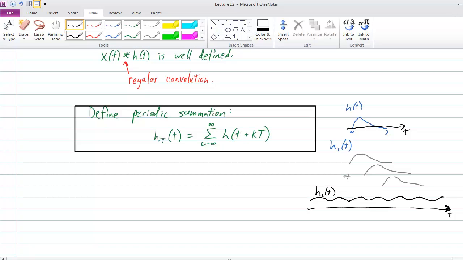What's the difference between this and the periodic extension of a finite duration signal? Yeah, it doesn't have to be equal to h, even if you look at just the same spots where h was defined. How is it related to the periodic extension?